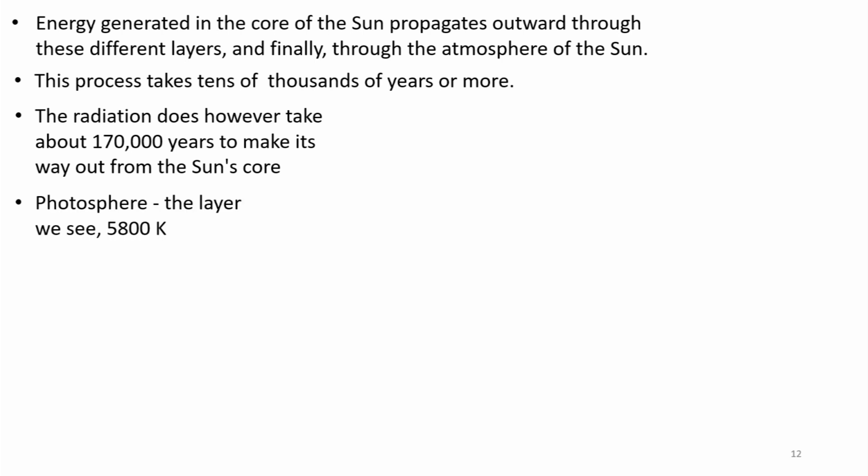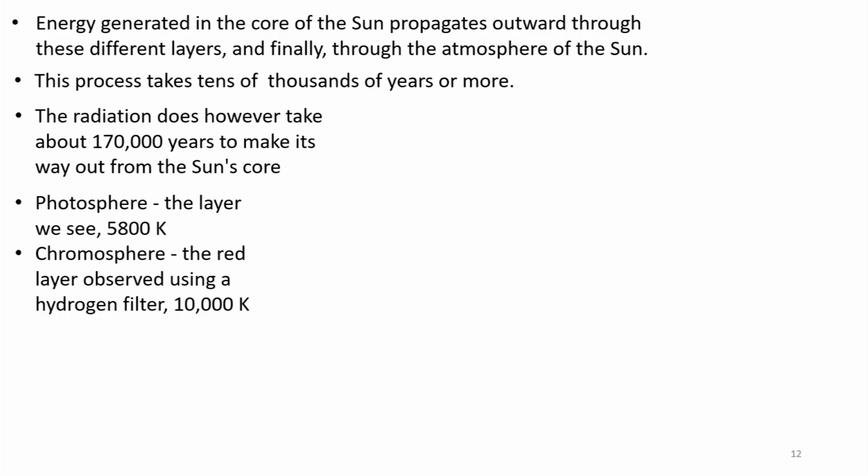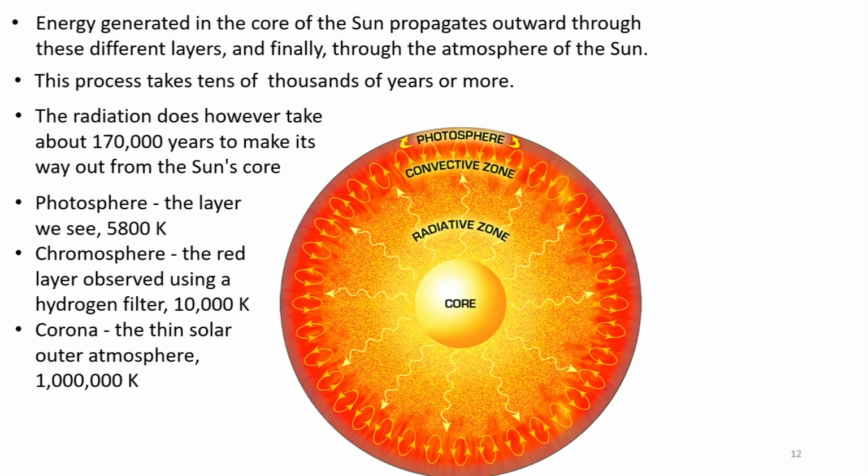You have already seen that the photosphere layer has a temperature of 5800 degree Kelvin, whereas the chromosphere is about 10,000 Kelvin, and the corona is about 1,000,000 degree Kelvin.